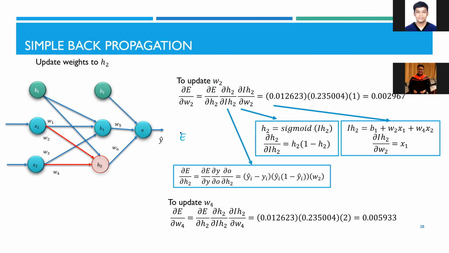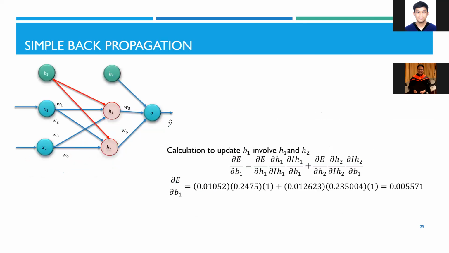E should be derived into Y first, and then Y into O, into H2, H2 into the input of H2, and the input of H2 to W2. So all of this, we multiply. Also for W4, and also for the bias.